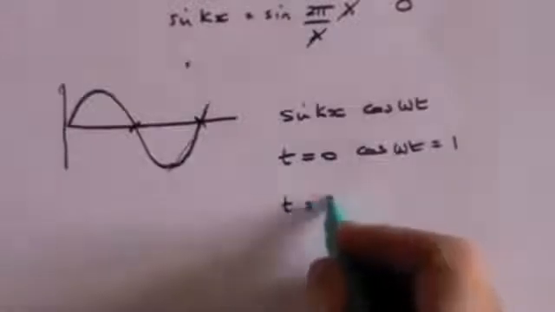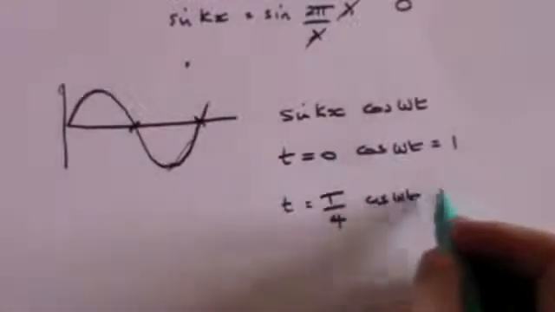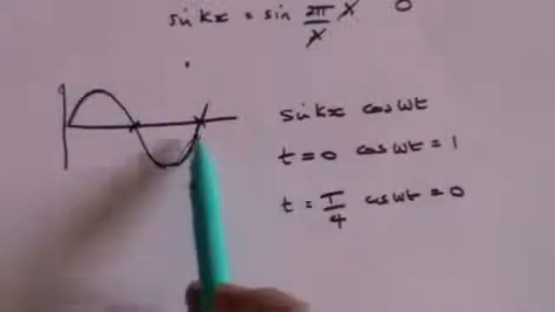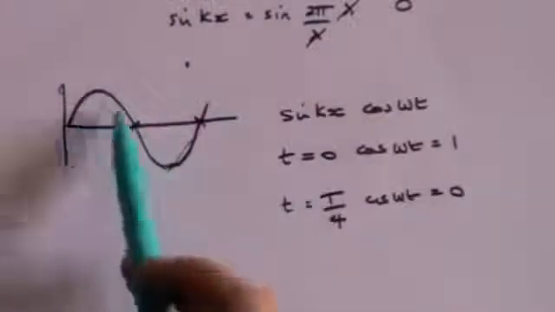But when we move on to t is equal to the period over 4, we said that the cosine omega t term is 0. And that means you have to multiply all these points on the sine wave by 0. And if you multiply all points by 0, what you're going to get is a flat line.